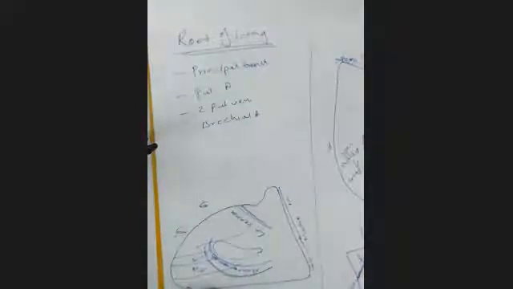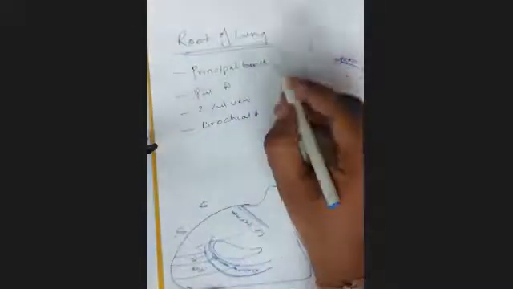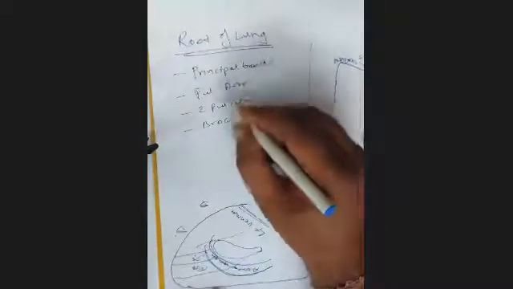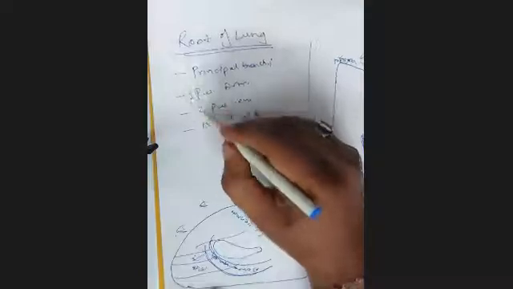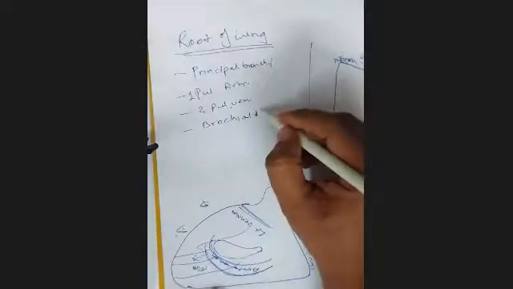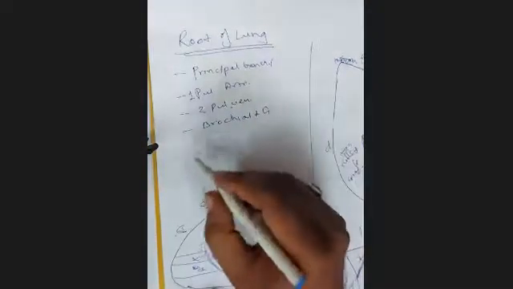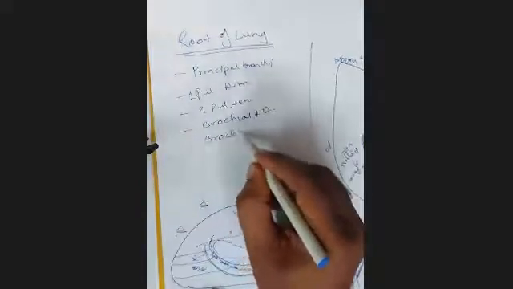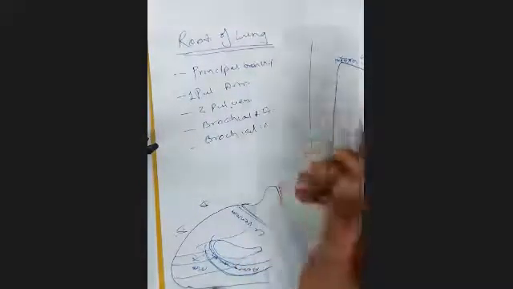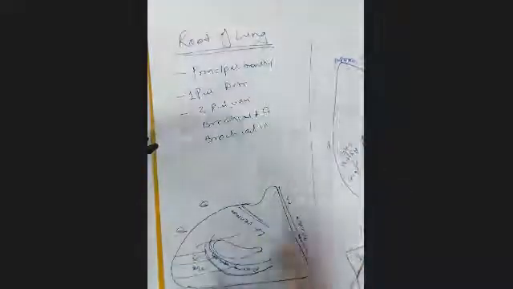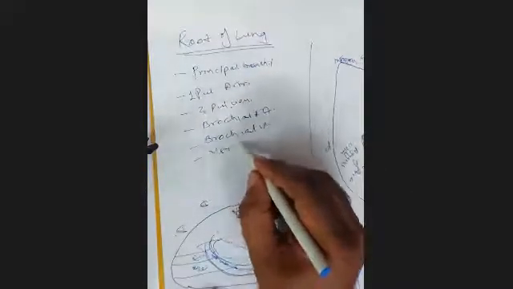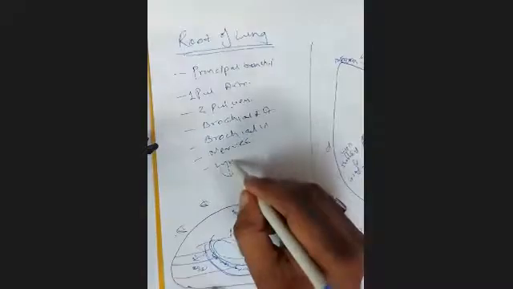These are the main structures: principal bronchi, one pulmonary artery, two pulmonary veins, the bronchial artery, bronchial veins. Then there are nerves and other structures. There are nerves, there are lymphatics.